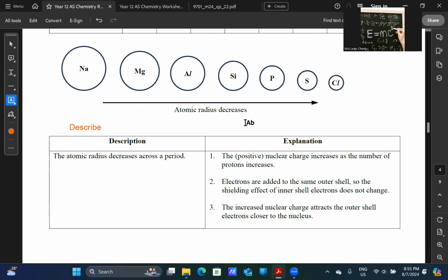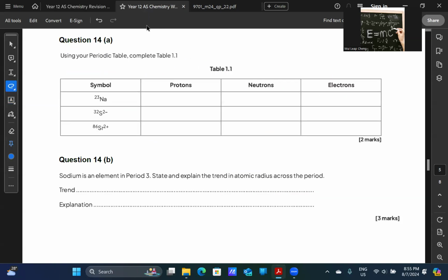If you have another command word in the question paper, you see this command word, explain, or give a reason, then you need to explain why atomic radius decreases across a period. So let's cross-check with the question here. Sodium is an element in period 3.